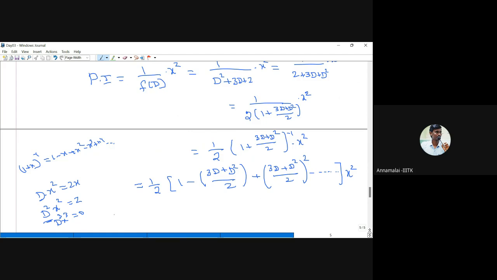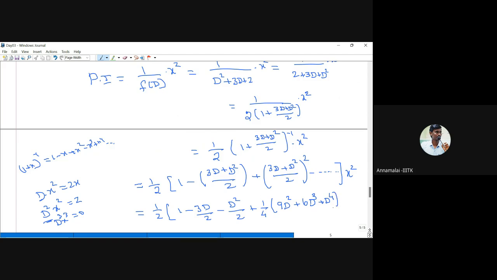So if you expand this, 1 by 2 times (1 minus (3D by 2 plus D square by 2) plus, if we expand this, actually 1 by 4 outside, and a square, that is 9D square plus 2ab plus b square).